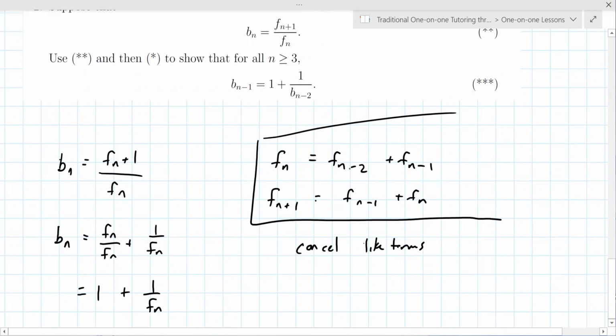I can't just put an Fn minus 2, Fn minus 1 down here because they want Bn minus 2. So what to do? So this is Bn minus 1.